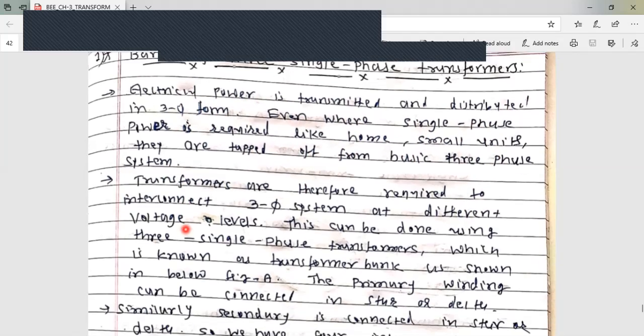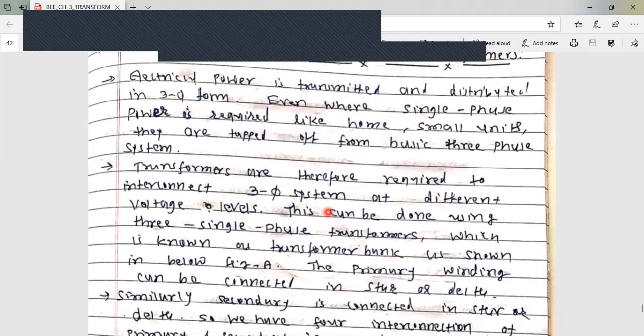Transformers are therefore required to interconnect a three-phase system at different voltage levels. This can be done using three single phase transformers, which is known as a transformer bank. As shown in the figure below, you can understand how the three single phase units are connected.